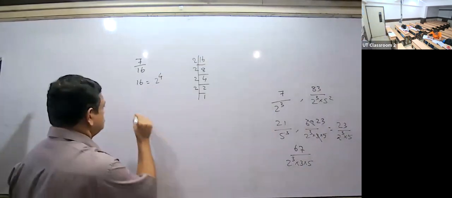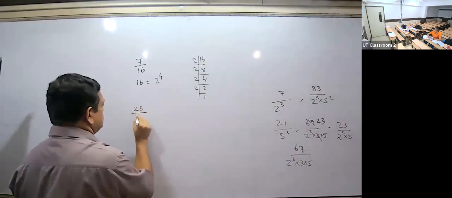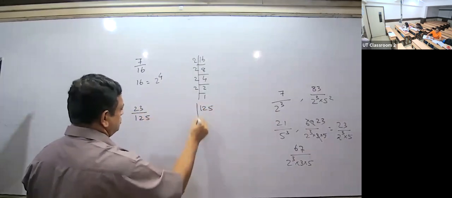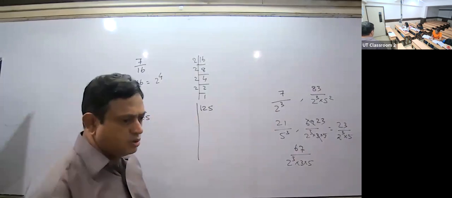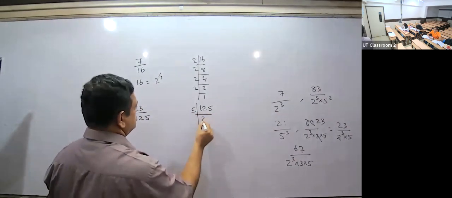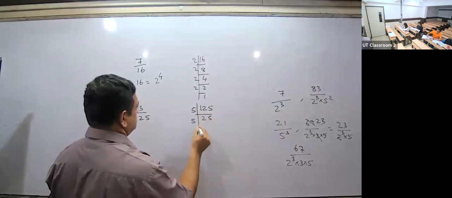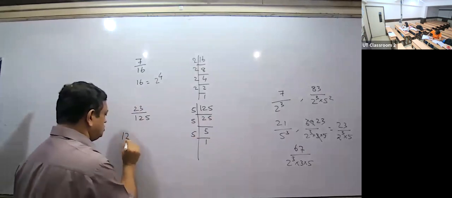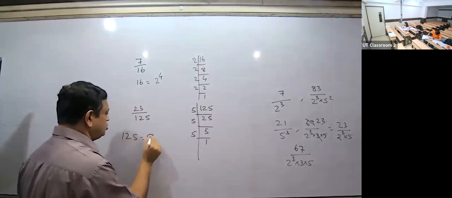What is it? 23/125. Okay, factorize 125. No common factor. 125 divided by 5 is 25, 25 divided by 5 is 5, 5 divided by 5 is 1. So 125 is equal to 5 cubed.